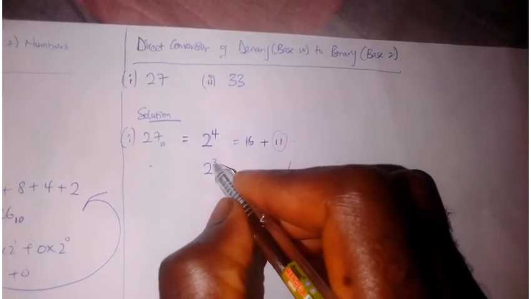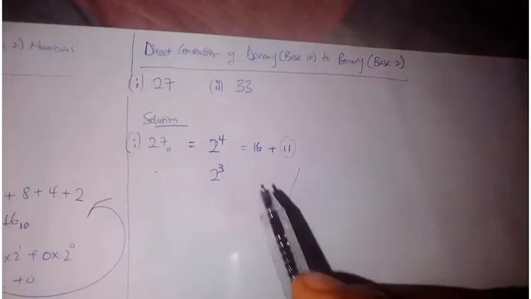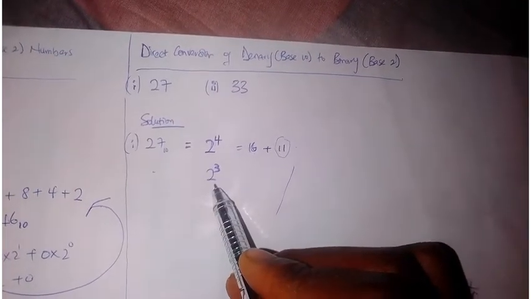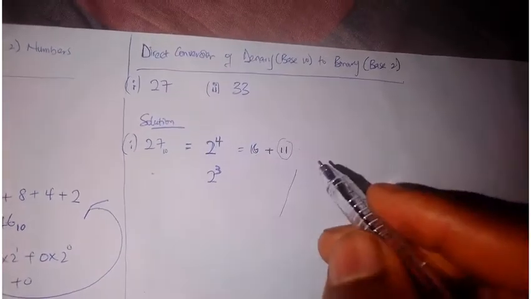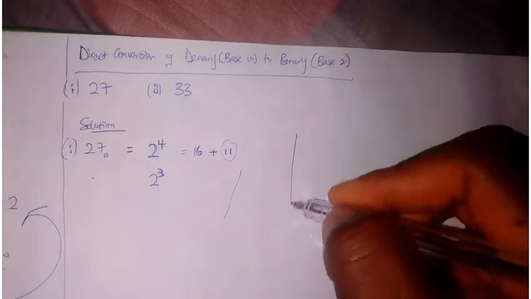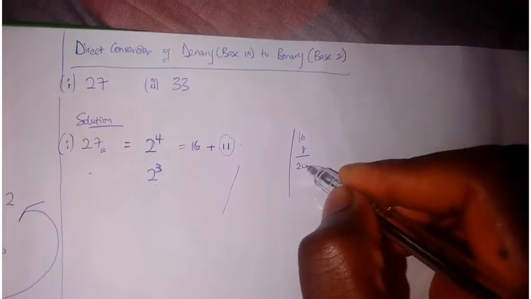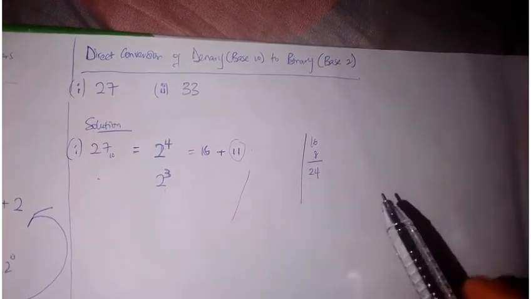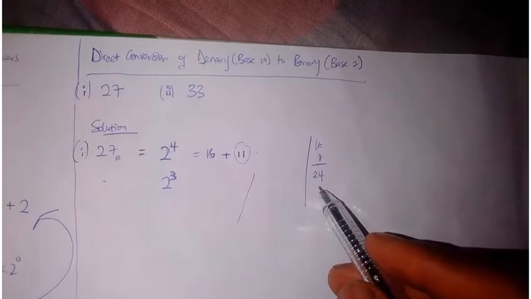Okay, 2 raised to power 3 is 8, I can say 2 raised to power 3. So 2 raised to power 4 is 16 plus 2 raised to power 3 is 8. So 16 plus 8 is what? This is 24.